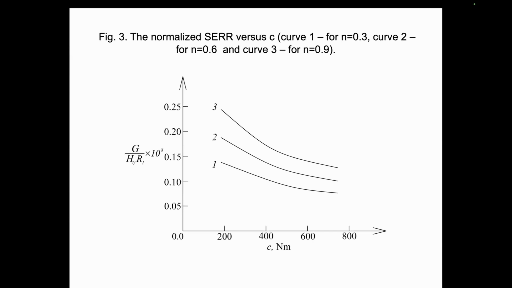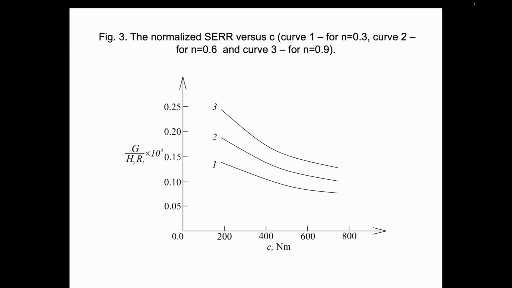It is evident that the normalized strain energy release rate can be reduced considerably by increasing the value of C. Therefore, the longitudinal fracture behavior can be regulated effectively by using springs with appropriate rigidity.